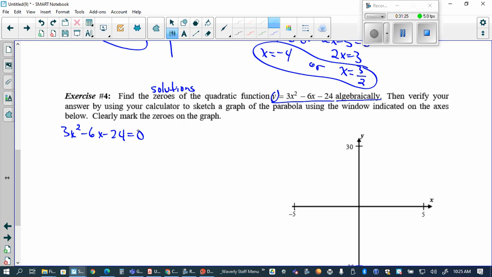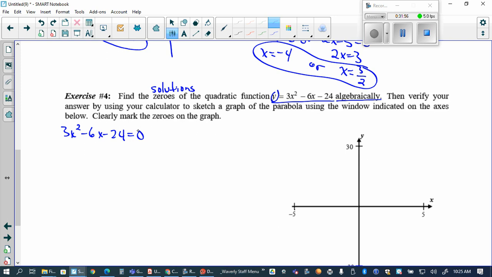Does it need to equal 0 to solve it in this case? Yes, because you have ax squared plus bx plus c. Wait, no, the greatest common factor is 3. Maybe some of you were thinking we have to use the AC method here, but again, always look for the GCF. If we could factor out a 3, couldn't we?